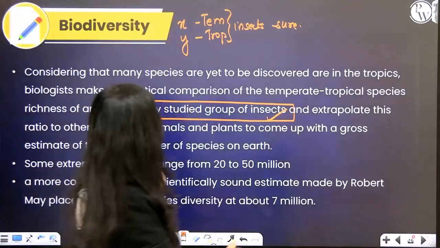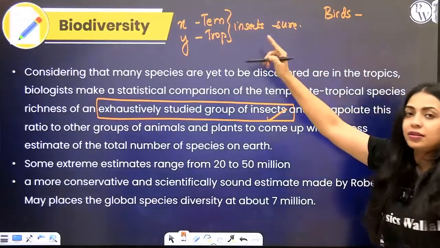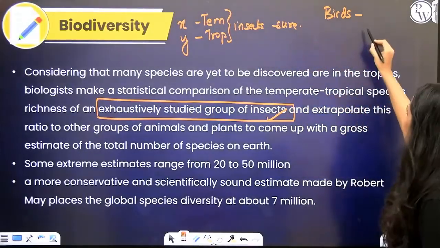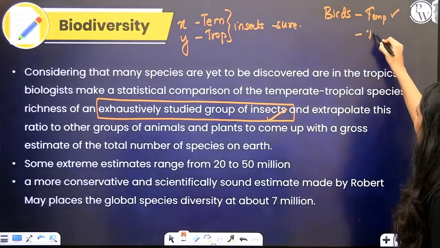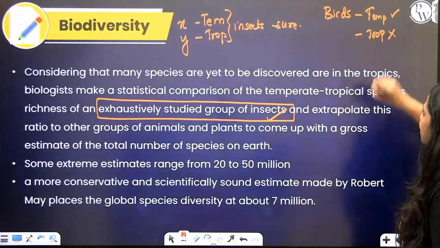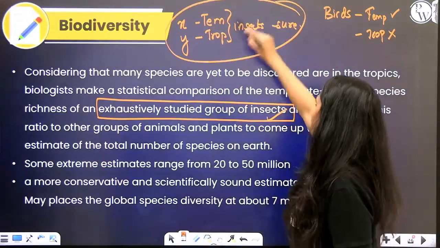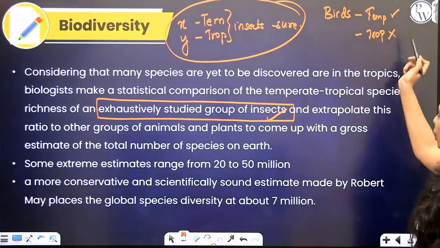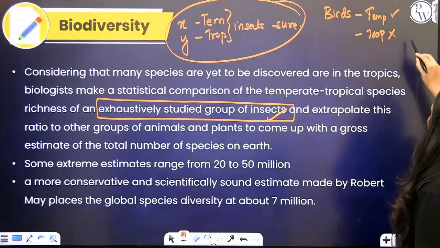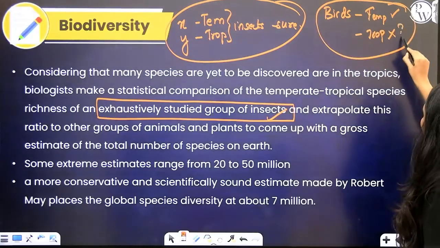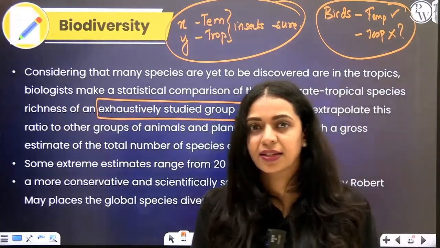So, for birds, if you consider, the species inventory in temperate regions is more complete. In tropical, it's not as complete. What they're going to do is, they're going to use this data that they have and try to compare that and try to make a statistical comparison and try to come at a value for how many species of birds you can find in the tropical countries.